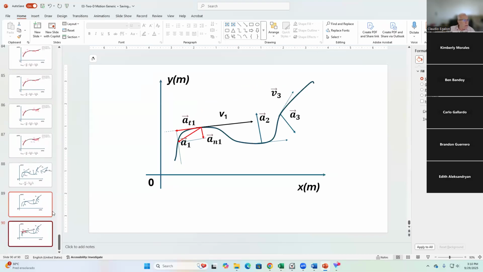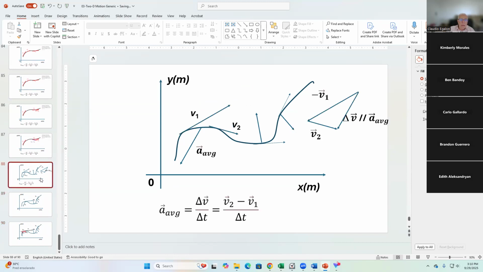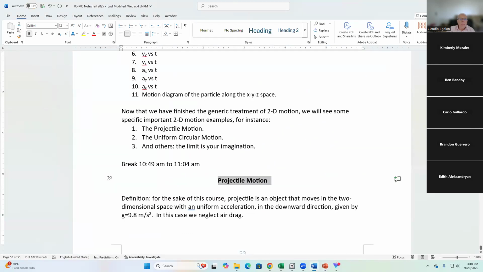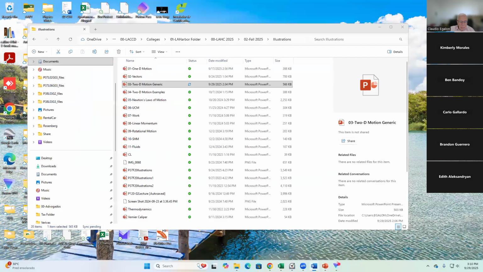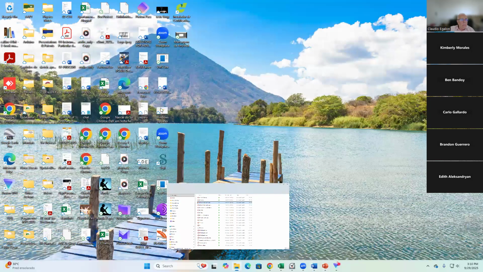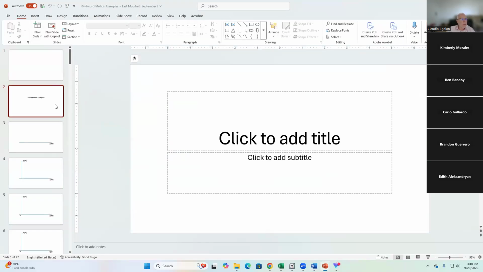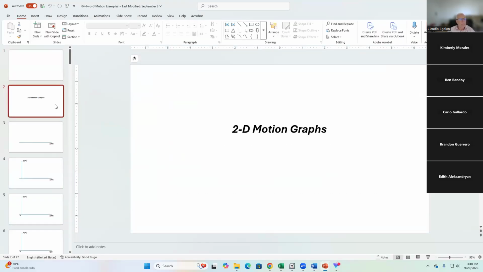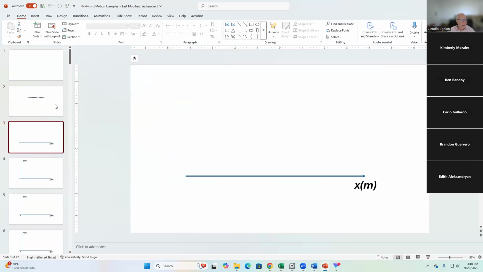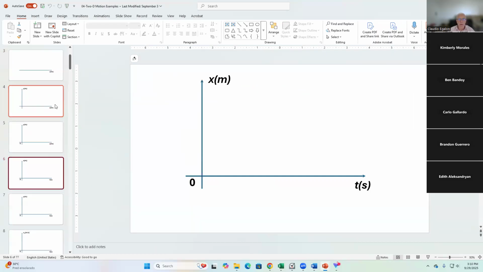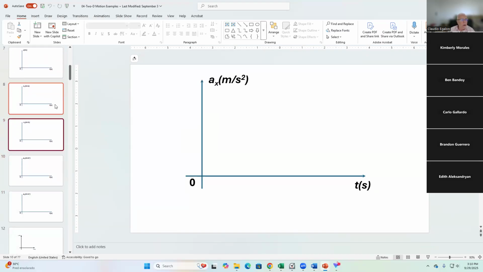Here you go. 2D motion examples right here. That's the one I want. 2D motion graphs. X graph, x-axis, y-axis, right? Origin of the axis. And those are the graphs that I covered before.